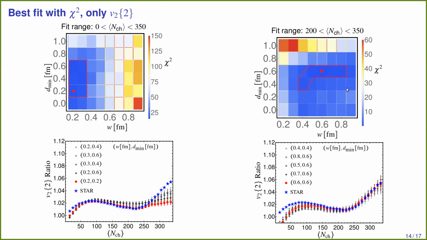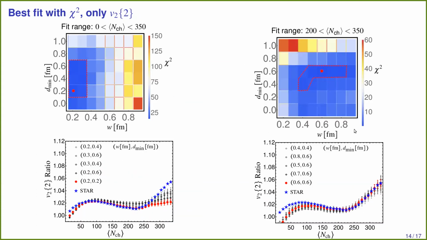But we can understand from here, because most of the fluctuation's origin is coming from the initial state, we would expect this fluctuation, if it is not washed out during the expansion, should come from the initial state. Therefore, we can see, for instance, that the chi-square of this region is less than 1, but in the other regions it grows very fast. Therefore, it can somehow fix, at least for D mean and W. It shouldn't be that bad.